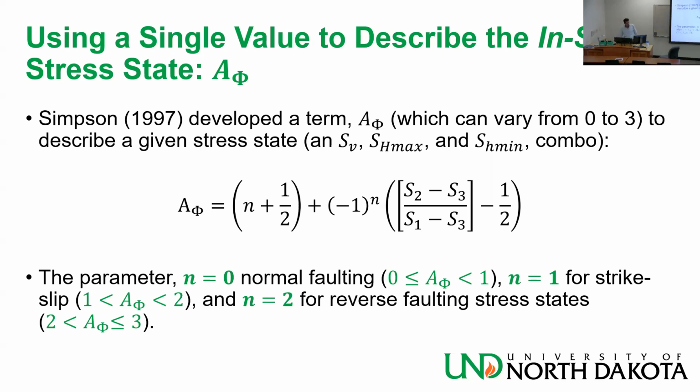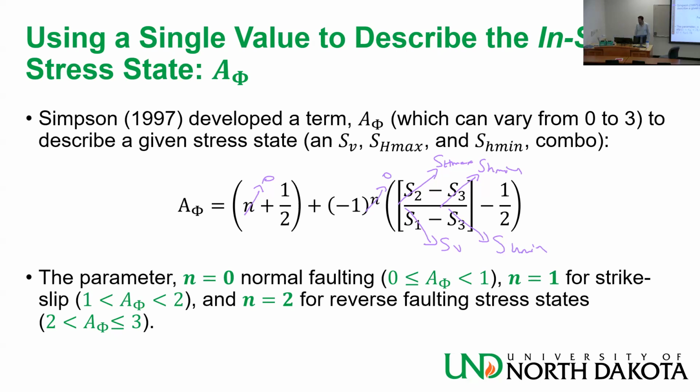So if you're in a normal faulting stress state, you will use 0 here. Your S1 will be SV, your S2 will be SH max, and your S3 will be SH min. And the answer that you are going to get for alpha phi is that it can vary from 0 to 1.